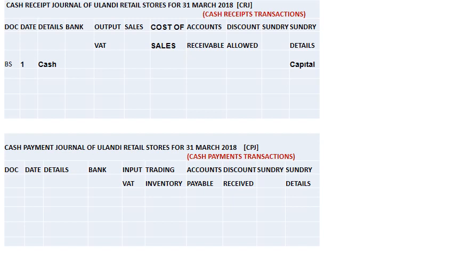Next to the sundry column will be the details for the sundry column.